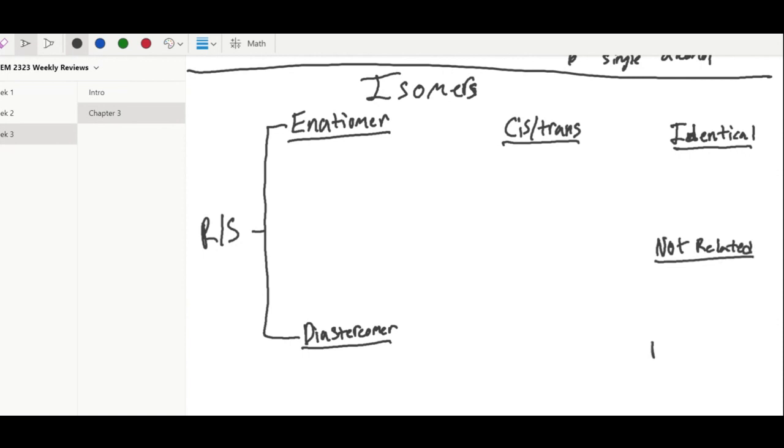And then there's resonance, which is the easiest of all. And then one last one, which is something you should know. It's called constitutional / structural.